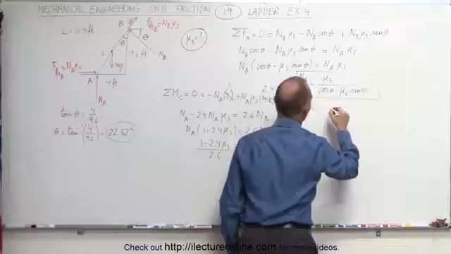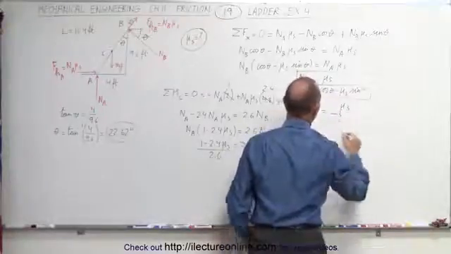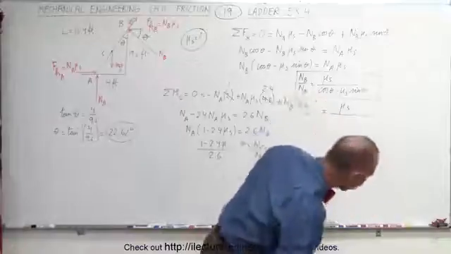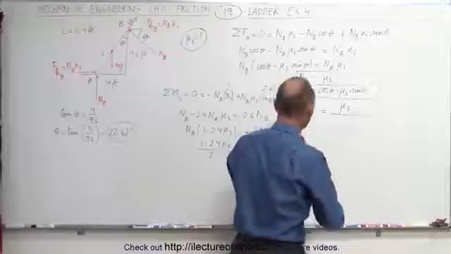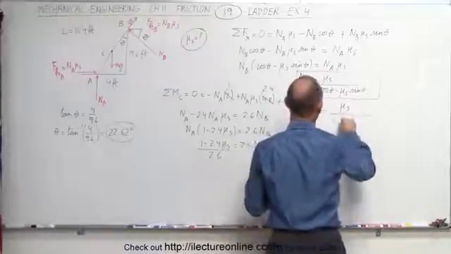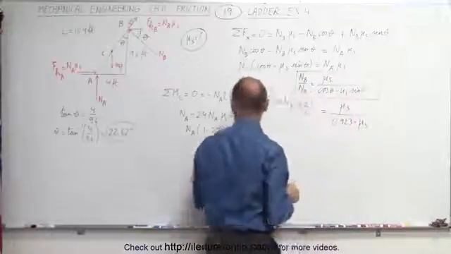We have 1 minus 2.4 mu sub s divided by 2.6 equals that ratio, which can now be replaced by this. And to simplify things, let's say that this is mu sub s divided by the cosine. So I have the angles here. Take the cosine of that angle. That would be 0.923 minus mu sub s times the sine of that angle.